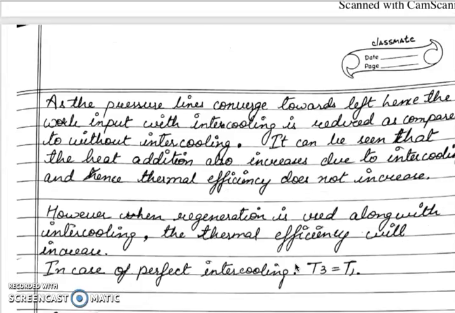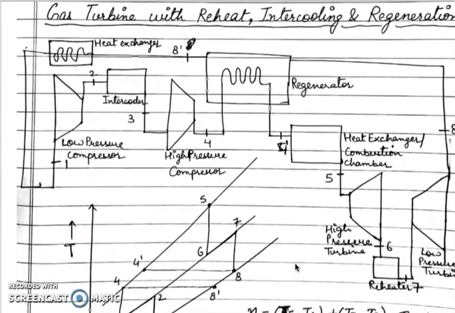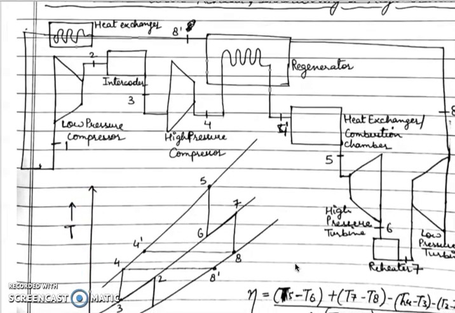All the combined methods can be put into one, and the combined cycle is shown in this diagram. This is the intercooling, this is the reheating, and this is the regeneration. This is shown in the TS diagram also: this is showing intercooling, this is showing reheating, and this is the ideal regeneration case.